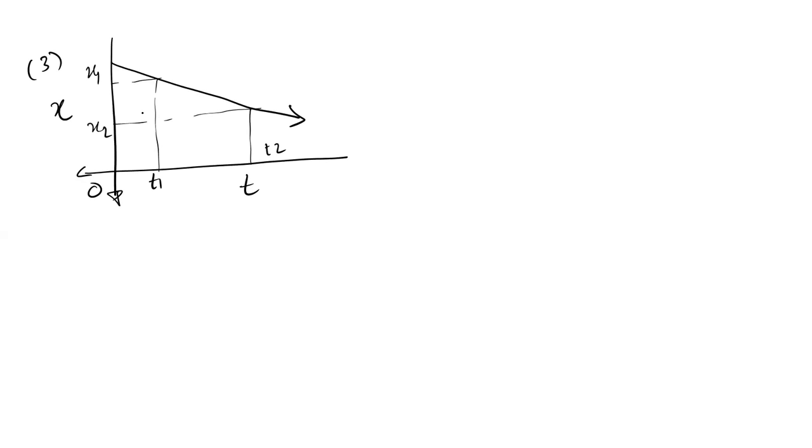So you can see the displacement has reduced with respect to time. What does this mean? That means the movement is in the backward direction, or displacement is in the reverse direction. So here the velocity which you are going to get is nothing but x2 minus x1 divided by t2 minus t1, which is going to be a negative number.